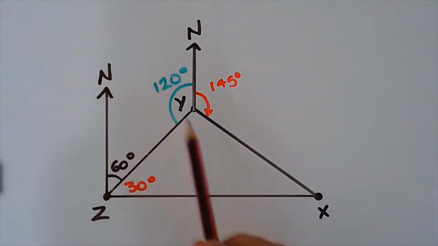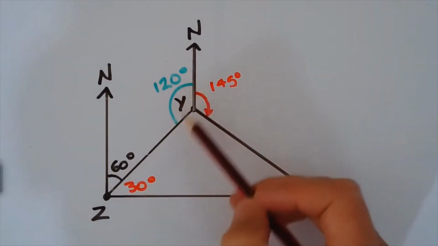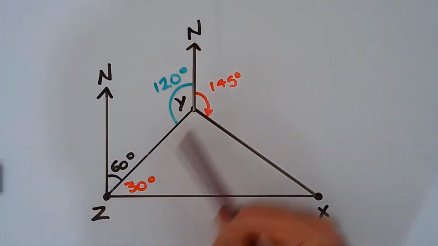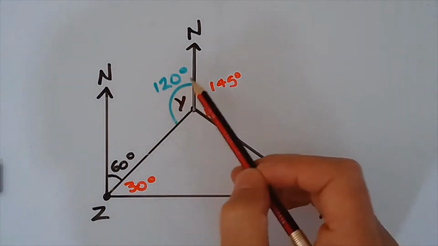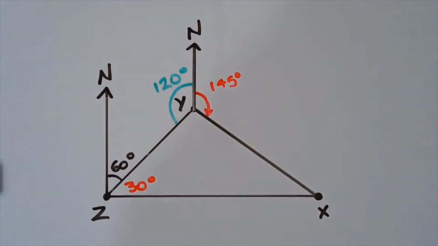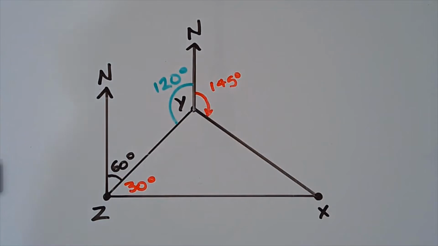Now, since these two sets of axes are parallel, we can use parallel line geometry. So if that's 60 degrees here, this angle here, NYZ, is co-interior, which means that these two angles must add up to 180 degrees. So that's 120 degrees there. And angles at a point add up to 360 degrees.